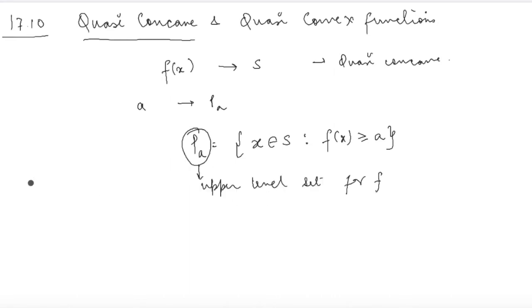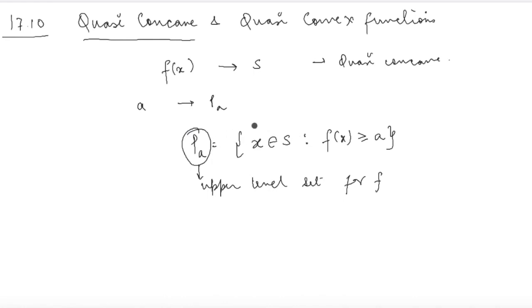So basically what we are saying here is, suppose there is a number a, and f of x is greater than or equal to a. Then all such x values for which f of x is greater than or equal to a are satisfied, and those x points we can include in this set.